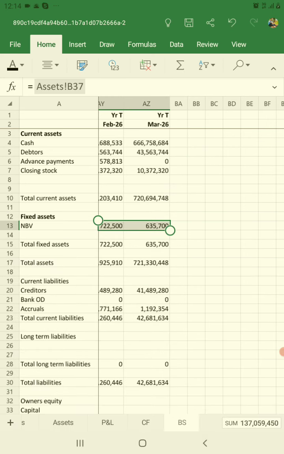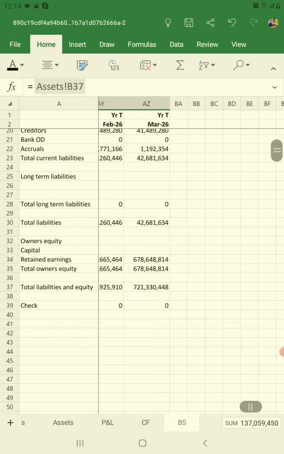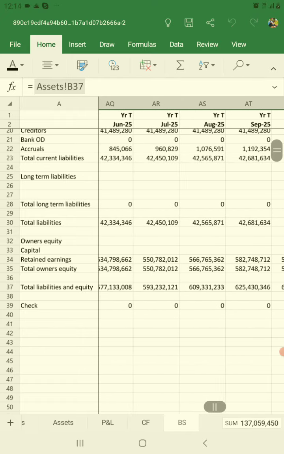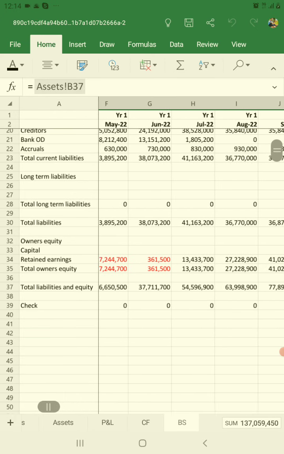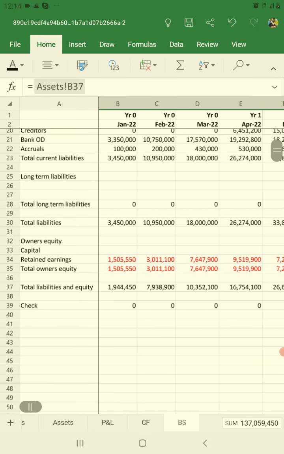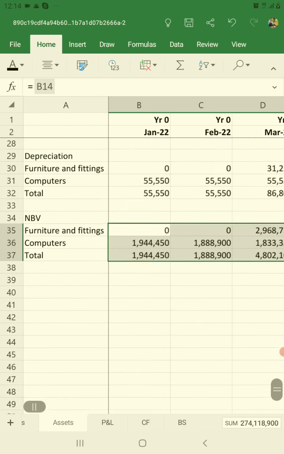So after doing that, my balance sheet should balance. As you can see, the check down here is 000. So my balance sheet has balanced. But let us go to the assets and explain a thing here.